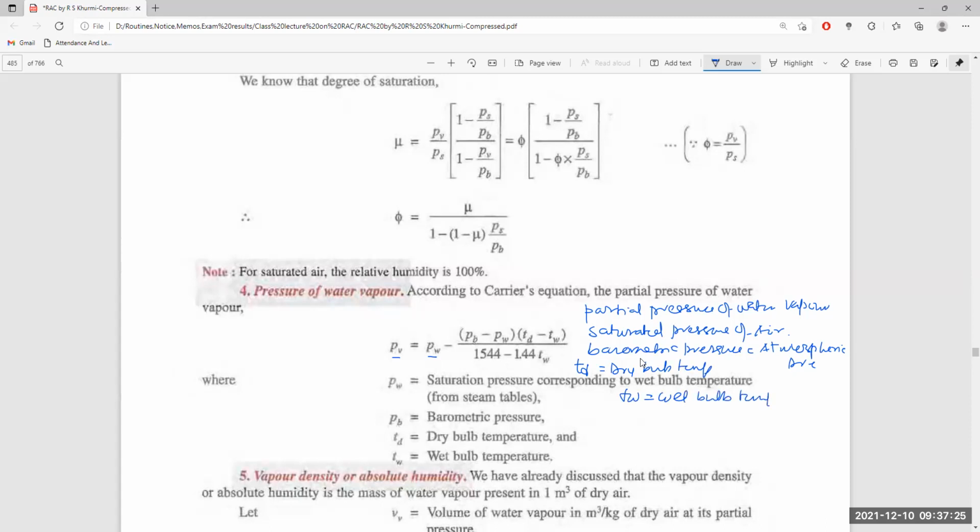So Pv is equal to Pw minus the barometric pressure times the dry bulb minus wet bulb temperature, divided by 1544 minus 1.44 times the wet bulb temperature.